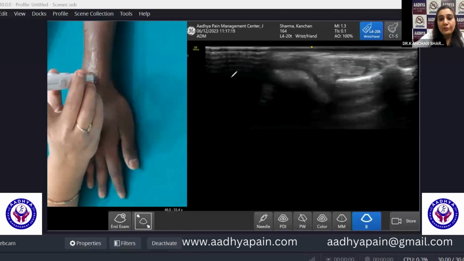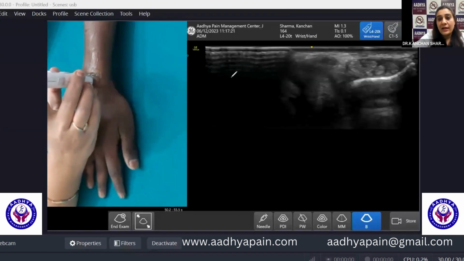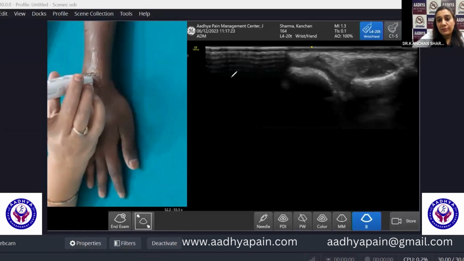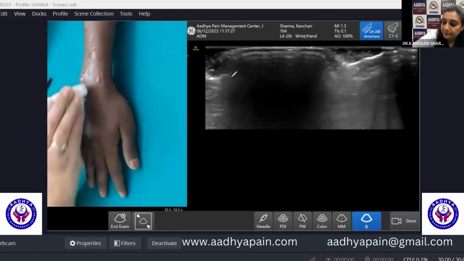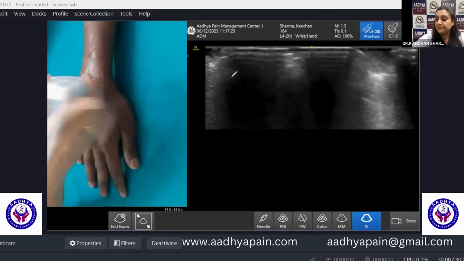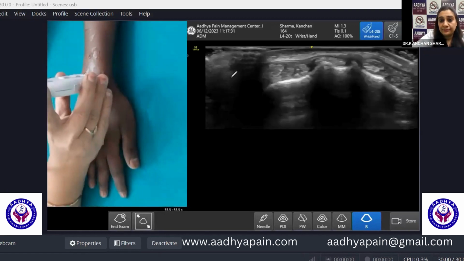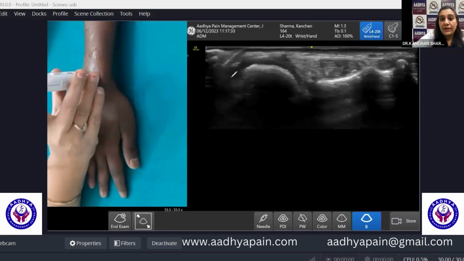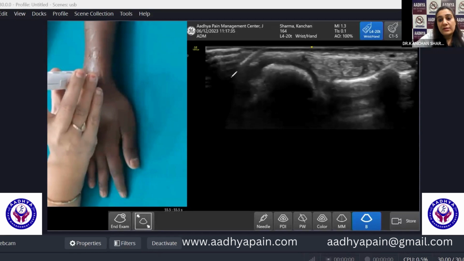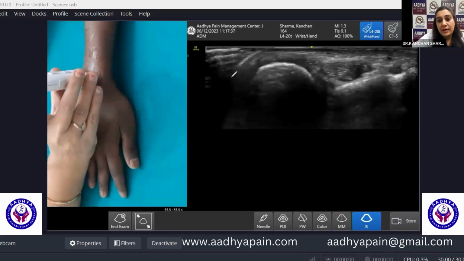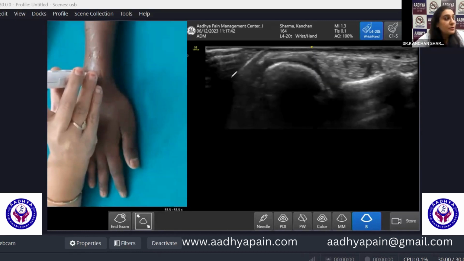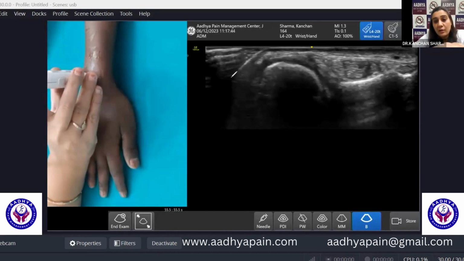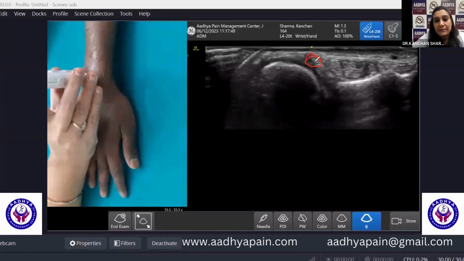Now, if I move to this side and toggle my probe, let me just apply some jelly. Fine. So if I'm coming over this joint and toggling my probe like this, you must be able to identify one tendon which is getting black.